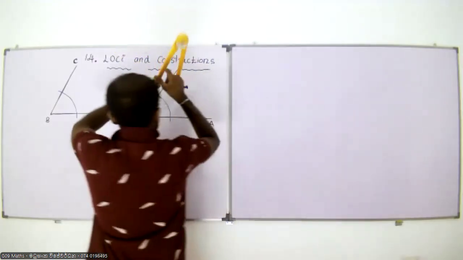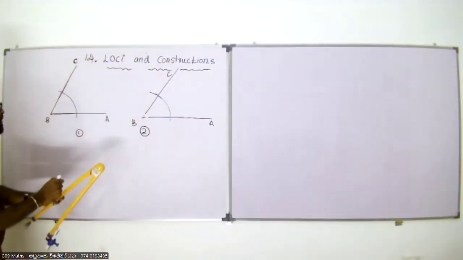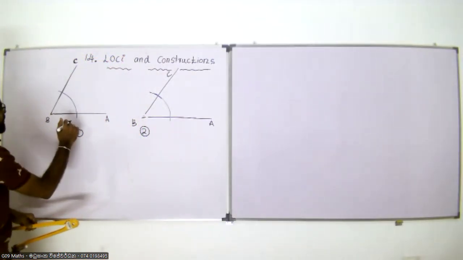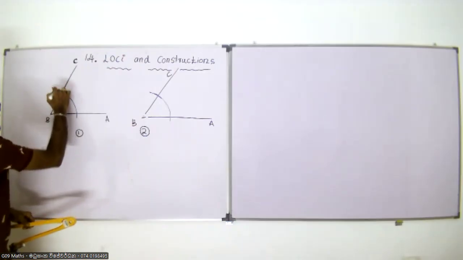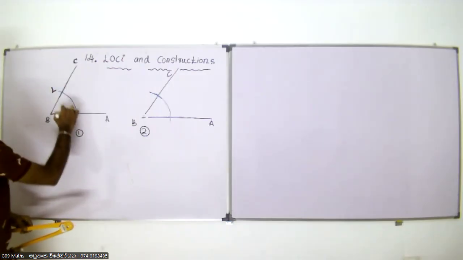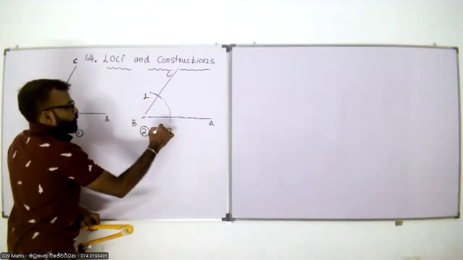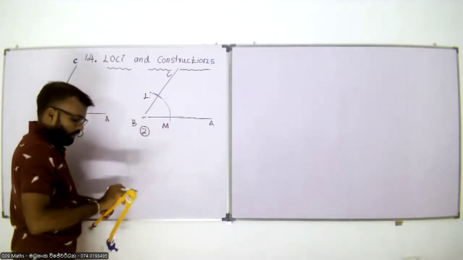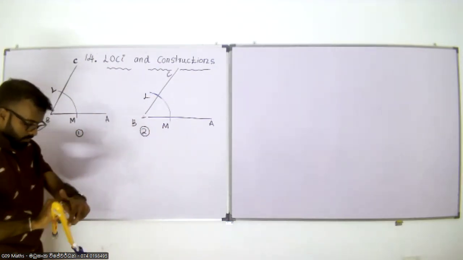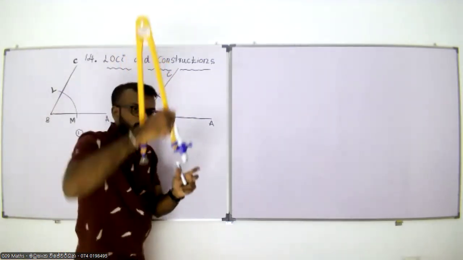I will name the points A, B, C. This point is L, and this point is M, so that you can understand. Now don't change the distance.